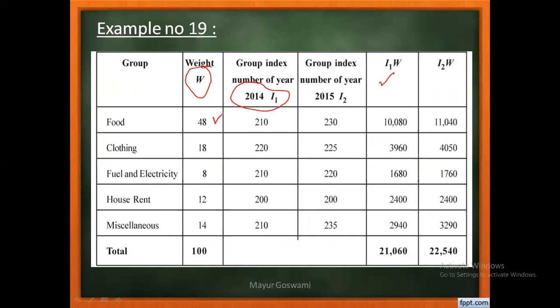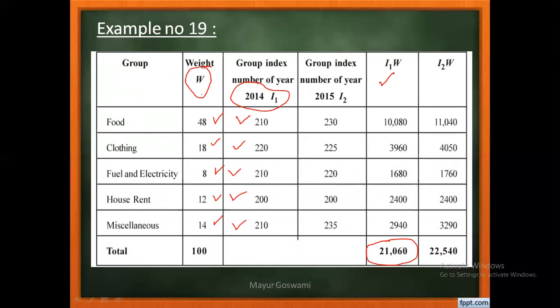I into W: 48 into 210, 10,080. 18 into 220, 3960. 8 into 210, 1680. 12 into 200, 2400. And 14 into 210, 2940. So this is your sigma IW.